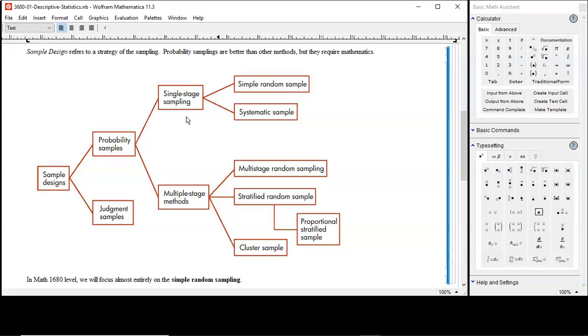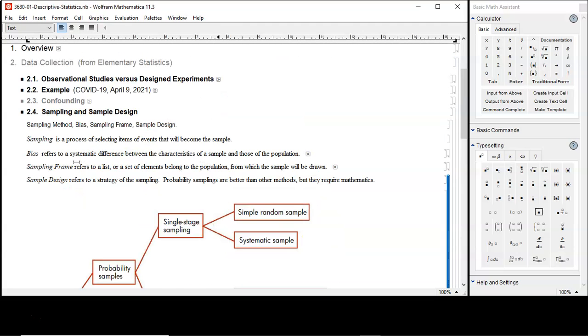Single stage is simpler and also superior, because if you have multi-stage, then at each stage we have uncertainty and the errors will multiply. So multi-stage is not very good in terms of mathematics, but it is very difficult to get a sample directly from the population because the sampling frame may be really bad.